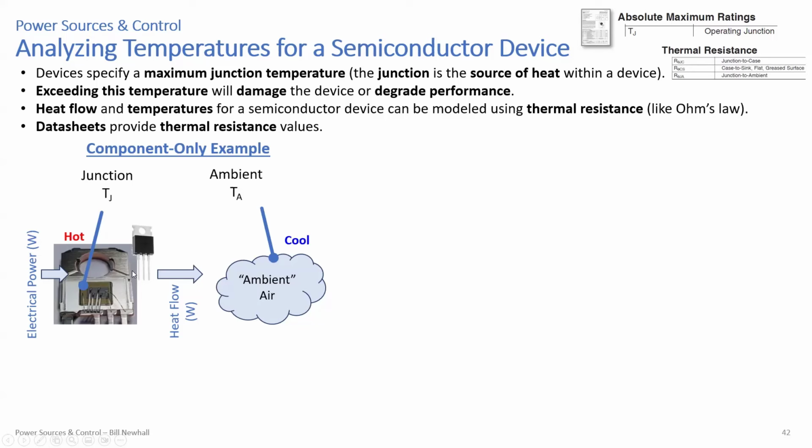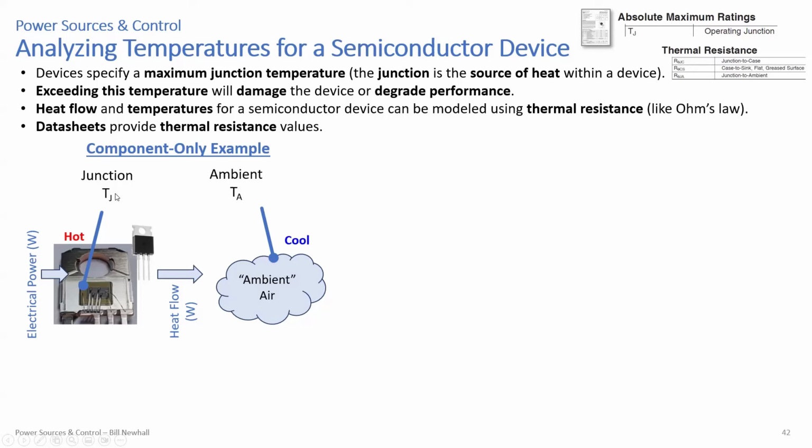Let's suppose you want to transfer heat from the MOSFET to just the ambient air, without any kind of heat sink or liquid cooling. Electrical power goes into this device, which causes heat. That heat has to flow somewhere, to ambient air. If it has nowhere to flow, this device is going to keep heating up until it destroys itself.